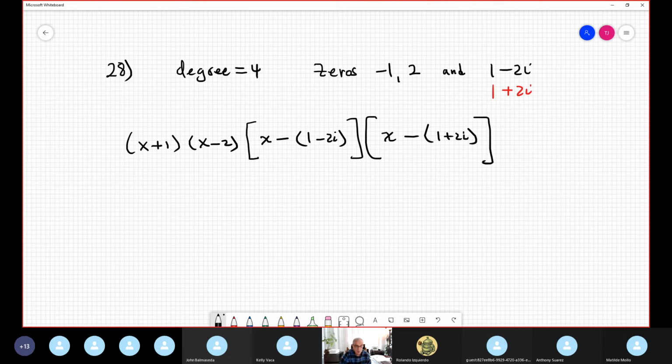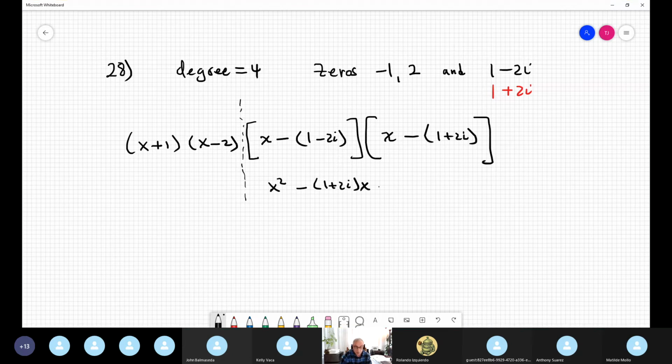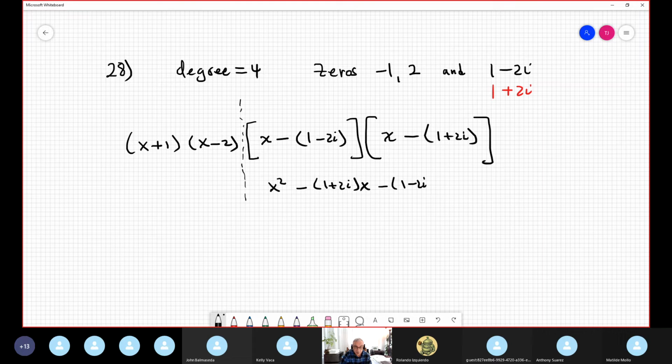And in this case, I separate the problem. Look here. I do this FOIL, super easy. And this FOIL is not easy, it's complicated. But it's okay. It says x squared minus (1 plus 2i)x minus (1 minus 2i)x plus the multiplication of this number and this number.